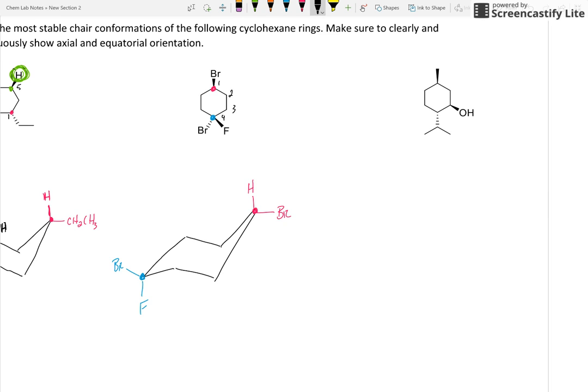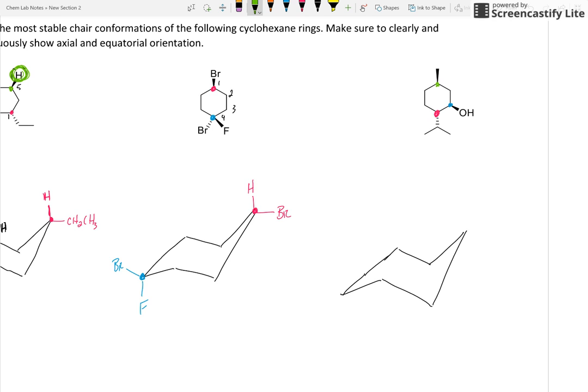All right, the trickiest one. Let's get this one knocked out here then, okay? So I'll draw a chair. That should suffice for what we need to do. Pink, blue, and green sounds good. Okay.